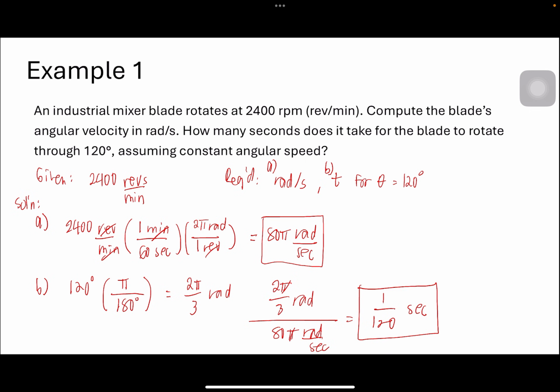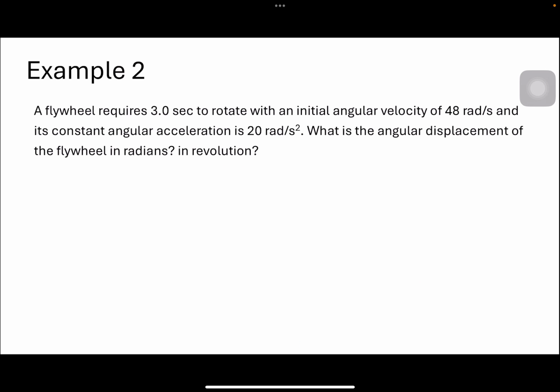That is for example number 1. Let's have example number 2. Example number 2 reads, a flywheel rotates for 3 seconds with an initial angular velocity of 48 radians per second and its constant angular acceleration is 20 radians per second squared. What is the angular displacement of the flywheel in radians and also in revolutions?